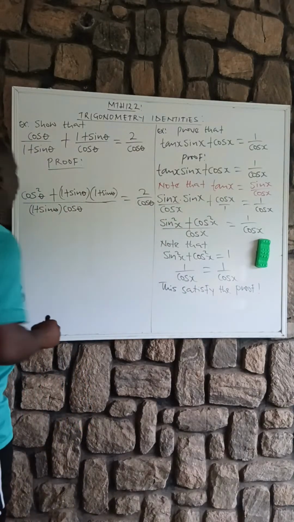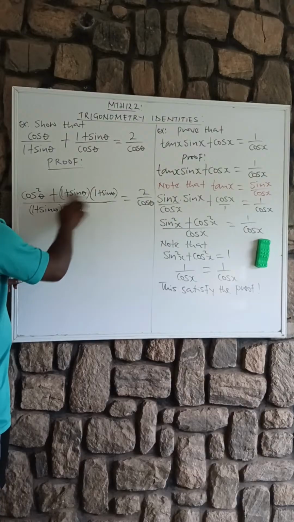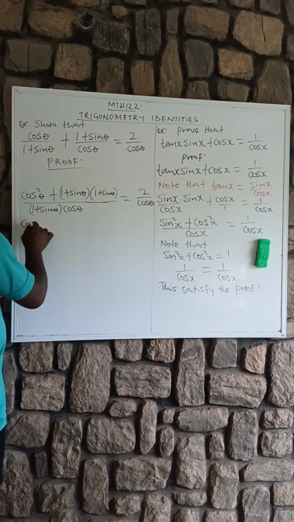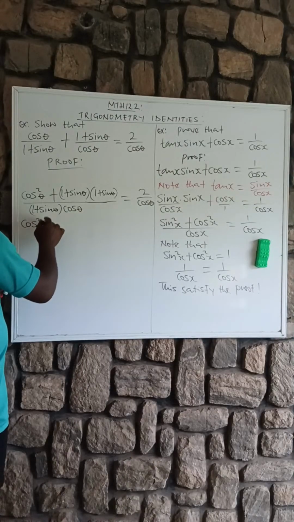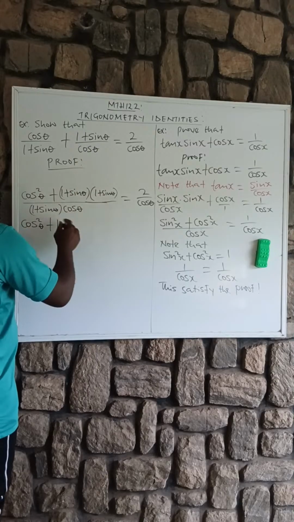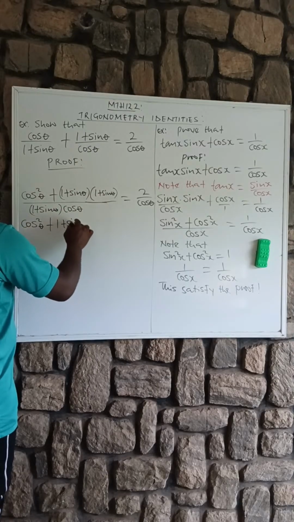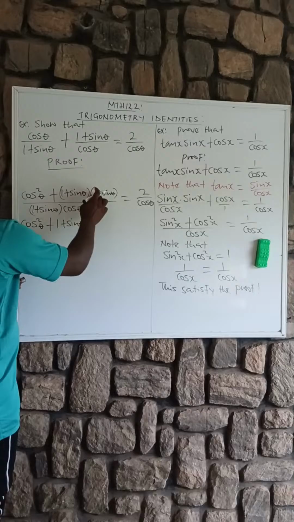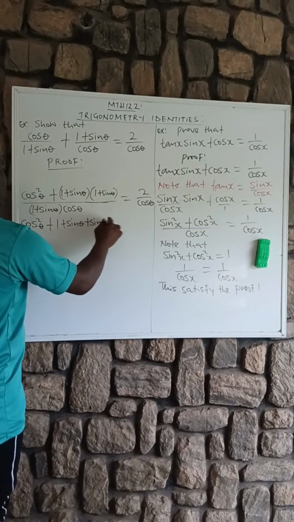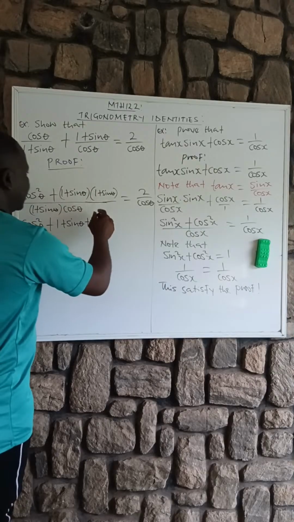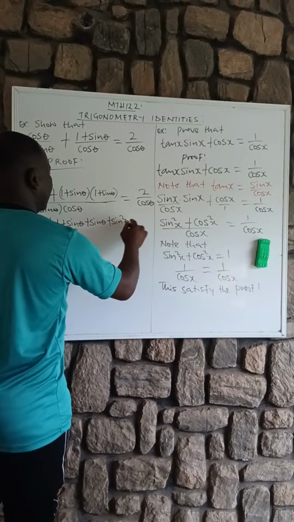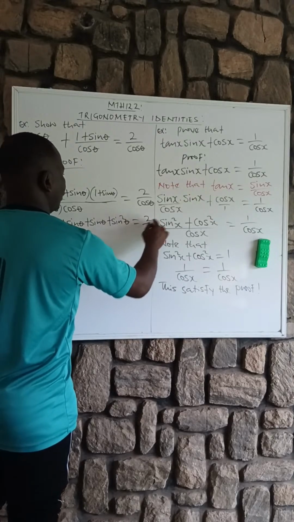So let us multiply these two brackets. So this is cos square theta plus 1 times 1, 1 times sin theta plus sin theta, then sin theta times 1 plus sin theta, then sin theta times sin theta will have sin square theta equals to 2 all over what?